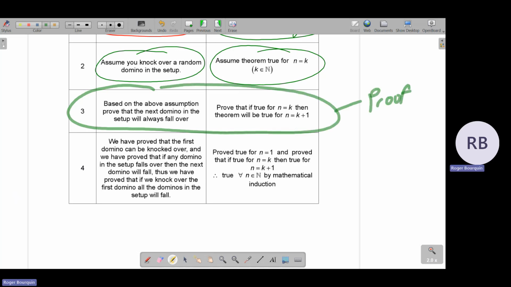And the proof is you say, okay, we prove that if you knock over some domino, the next domino will always have to fall. Here we're going to prove that if it was true for some number, I don't know that it is, but assuming it is true, will the next one fall? We prove that the next one will always fall. Now you're combining the fact that we have proved it's true for n is equal to 1.